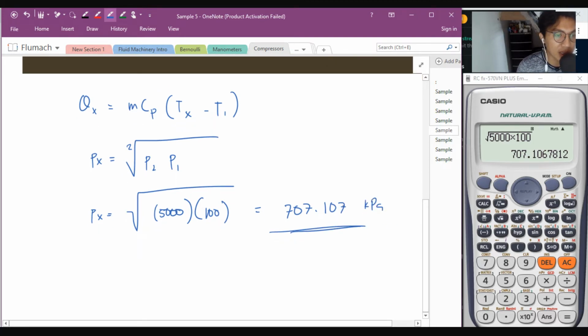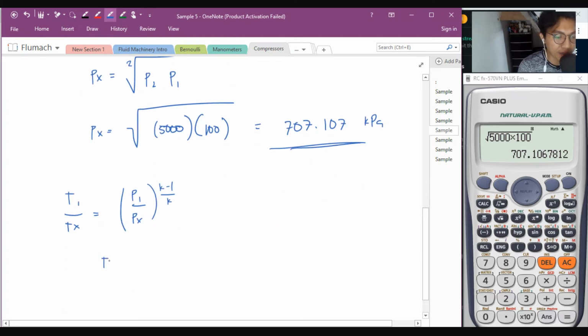Makukuha naman natin si Tx. Ito yung wala tayo eh. So, T1 over Tx is equal to P1 over Px raised to K minus 1 over K. Excuse me.